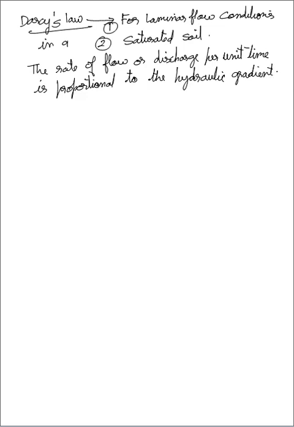Basically the rate of flow or discharge per unit time is denoted by small q. So q is equal to KIA. Now this I is your hydraulic gradient, and that is H by L. So gradient is with respect to distance, and H is your head loss.